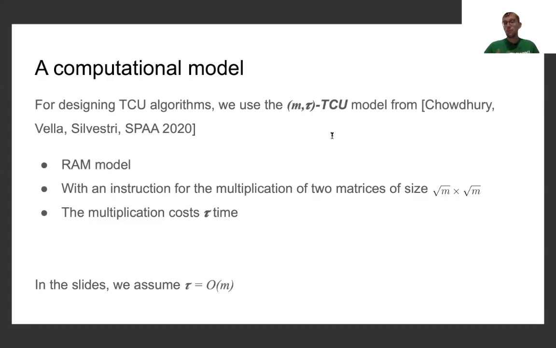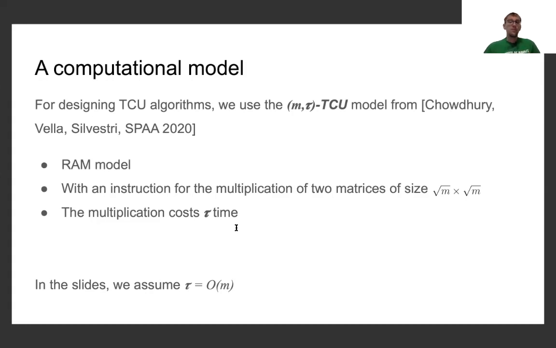So this model is quite simple. It's a standard RAM model where we have one more instruction that allows us to multiply two matrices of size square root of m times square root of m. And the cost of the multiplication of these two matrices is tau. So now m and tau are the two parameters characterizing the model.